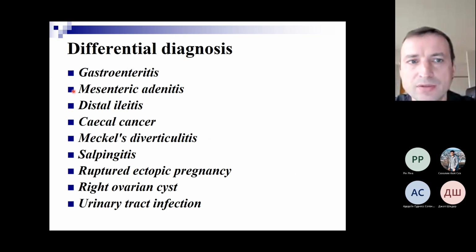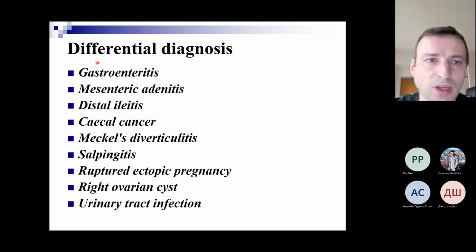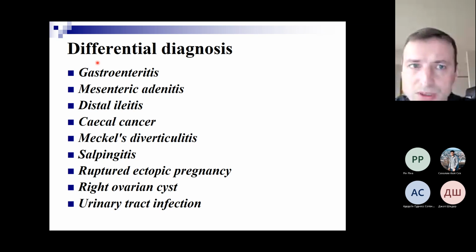Acute appendicitis we must differentiate from imaging surgical diagnoses, imaging non-surgical diagnoses, and other diagnoses. Imaging surgical diagnoses are intestinal obstruction, malrotation, intussusception, Meckel's diverticulum, ovarian torsion, and ectopic pregnancy.